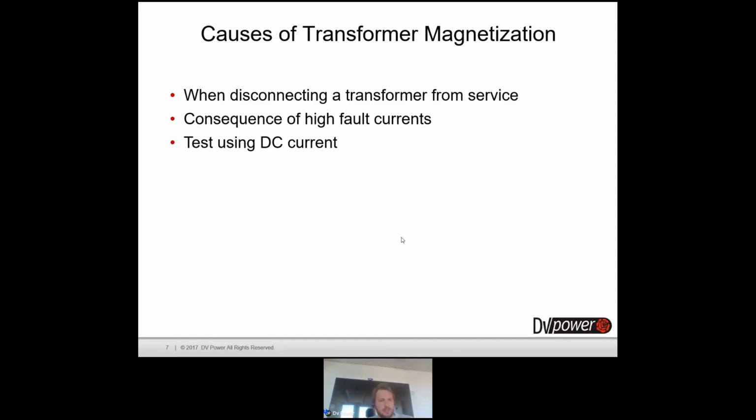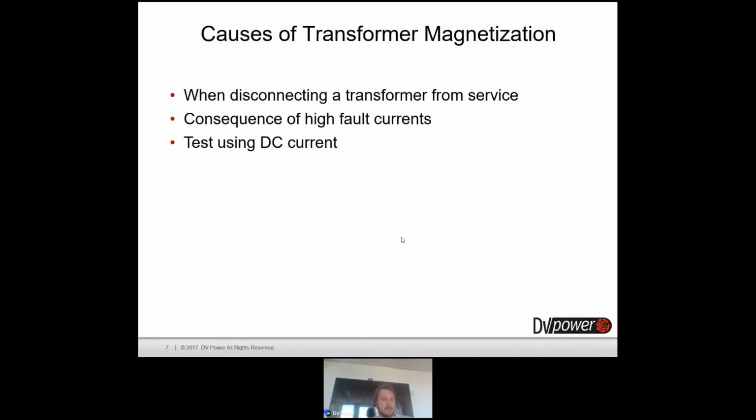So when the transformer is disconnected by protection because of the failure in the network, you can expect that you have a magnetized transformer. And the most important and most dominant thing here is DC current.